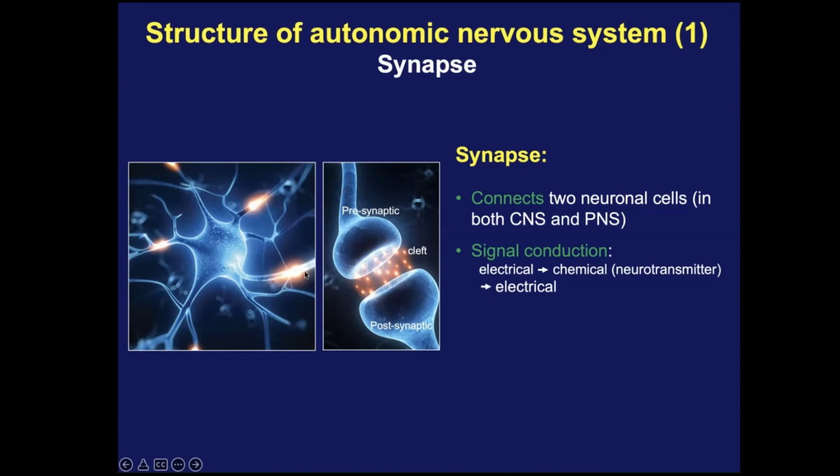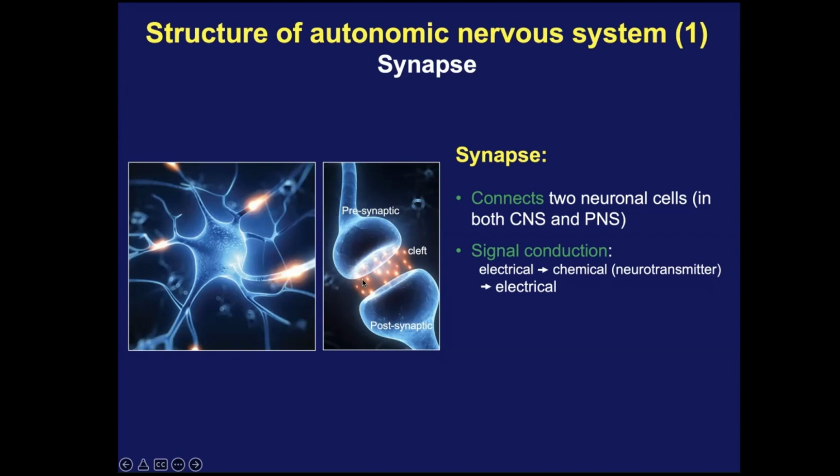The major function of the synapse is the signal conduction. For example, when the first neuron gets excited, the action potential is conducted from the cell body to the nerve terminus, as shown here. And this will trigger the release of the neurotransmitters, which are small molecules, and they are chemical signals to be released to the cleft.